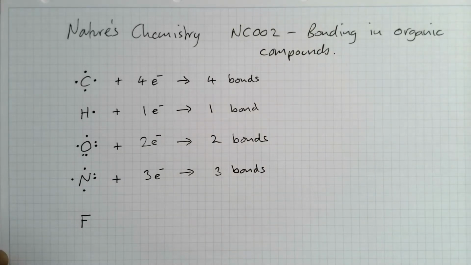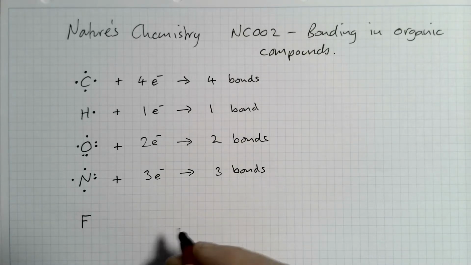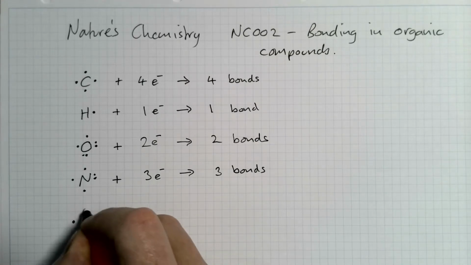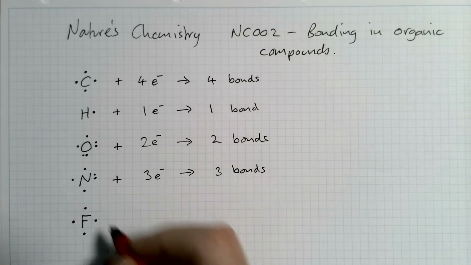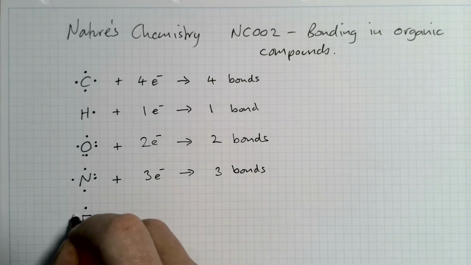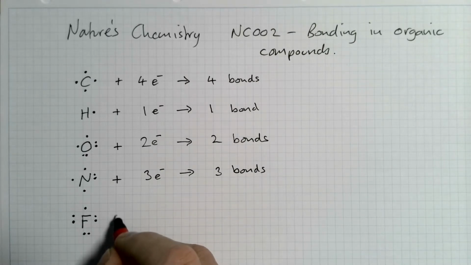Okay, and finally we'll take fluorine. Fluorine is an example of a halogen. All the halogens are the same. They're all in the same group of the periodic table, so they all have 7 electrons in their outer shells. So 1, 2, 3, 4, and they pair up 5, 6, 7, leaving 1 unpaired electron, which can be shared with another element.